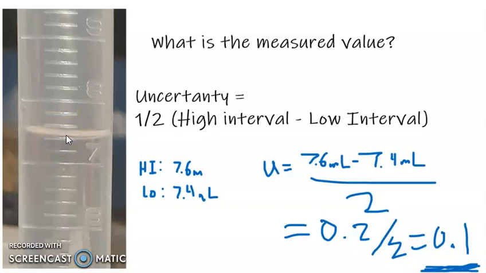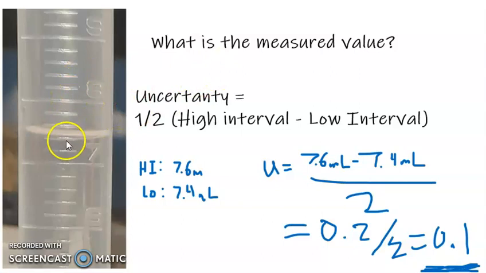I might disagree, but if that's your best estimate, there is that uncertainty in the 10th place, so there can be disagreement. If you said it's 7.5, it's 7.5 plus or minus 0.1. So we accept that there's that level of disagreement.